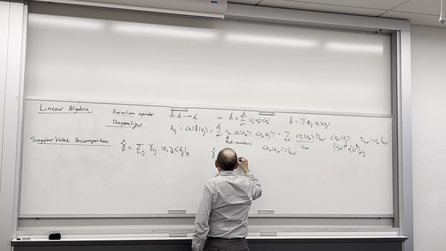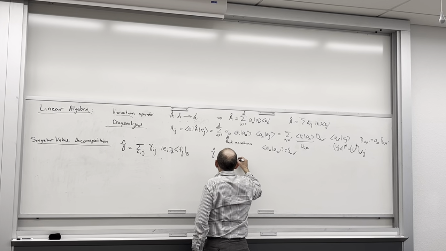So how do we prove that I can do this? The way to do it is to look at the square of the matrix. So let's look at this matrix. This matrix is Hermitian. What's the dimension of this matrix in this case?